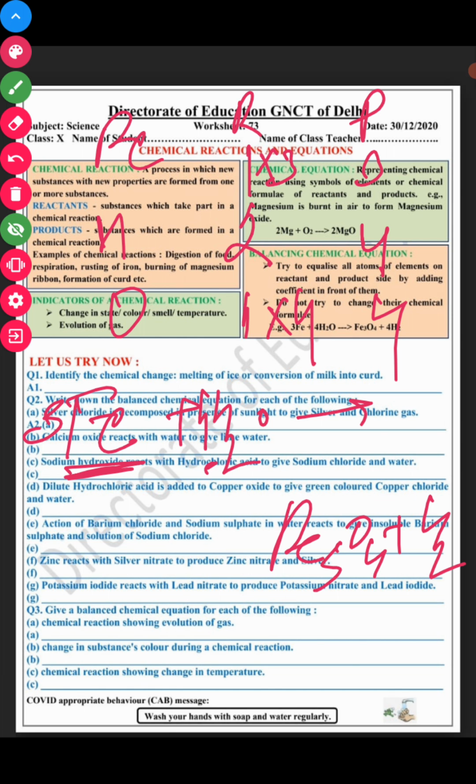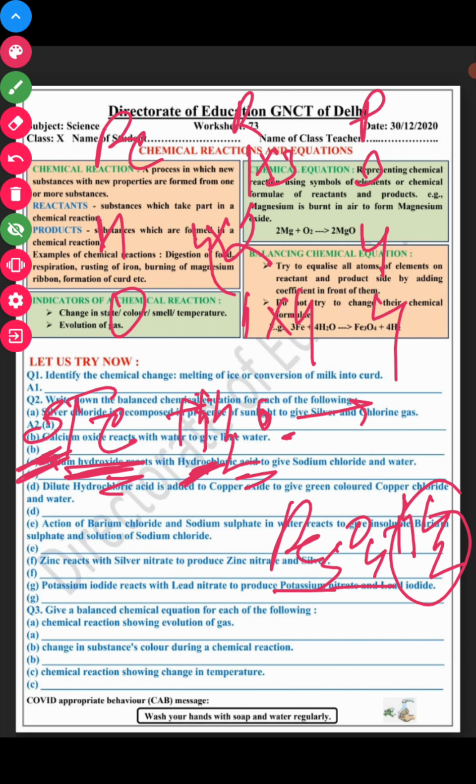Keep in mind, we always write a multiple as a coefficient, and we cannot write anything else. We have to write just a coefficient of that particular element or compound. So we have 4, we have to write 4. We have this Fe3O4, so hydrogen becomes 8, we have to write 4 over here to make it 8.